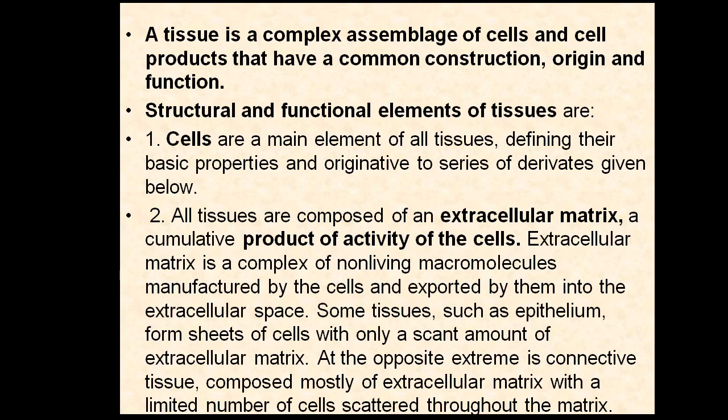Some tissues have a lot of extracellular matrix, like connective tissue, when the volume of the connective tissue prevails over the volume of the cells many times. On the other pole is epithelial tissue, which is very poor in extracellular matrix, and only the basal lamina is the extracellular matrix for this type of tissue.